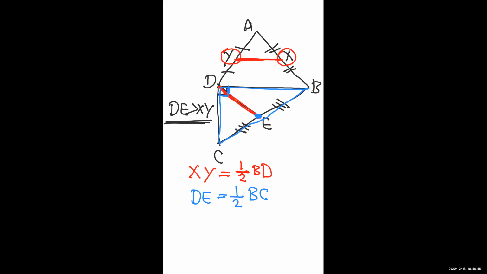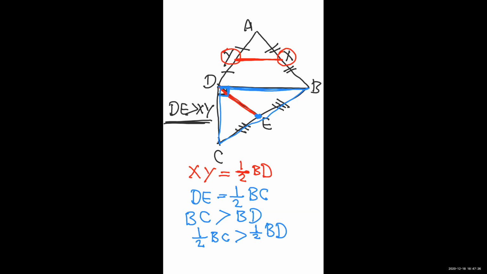Yes. Okay. So now, guys, BC is the hypotenuse inside this triangle, on the blue one, right? So this means BC is the longest. So BC is greater than what? Of course, DB. So this means half BC is greater than half BD.